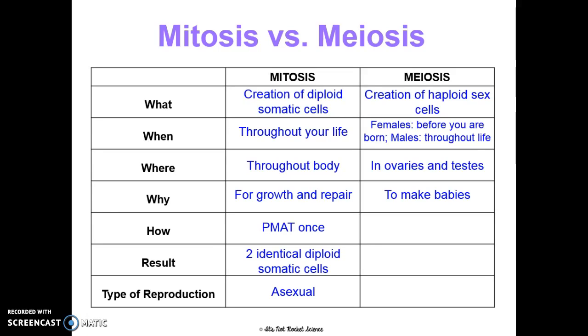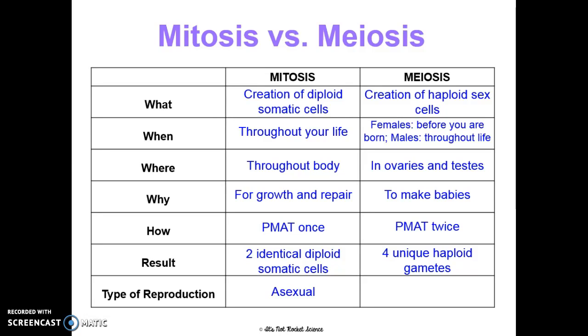So the why, it's all about making babies. It's all about producing offspring. That's the whole purpose, and you're making offspring that are unique and different. Now again, mitosis goes through our PMAT, prophase, metaphase, anaphase, telophase, once, whereas meiosis goes through it twice.